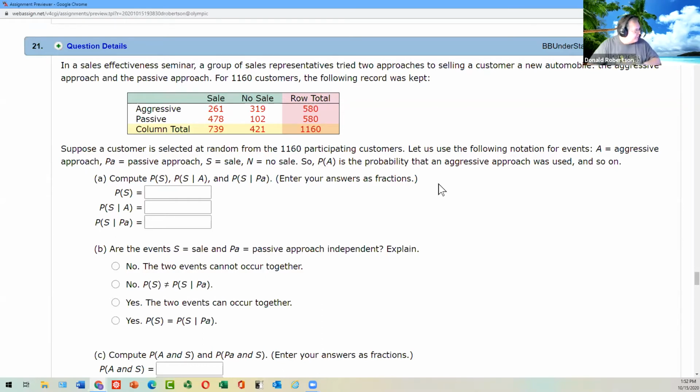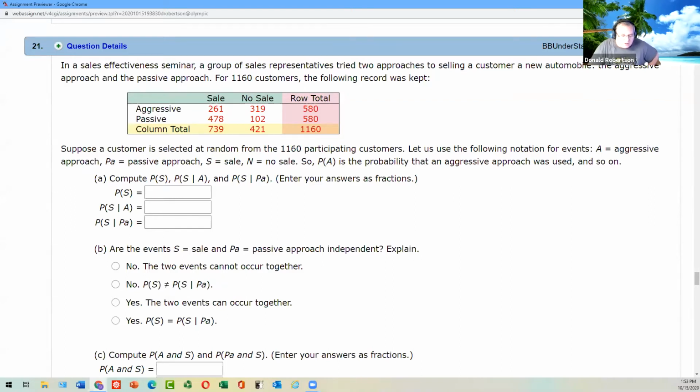I need some color schemes, I think, here. 261, 319, 478, 102, and some totals, and then we'll be ready for the question. 580. Oh, 580. $739 and $421.